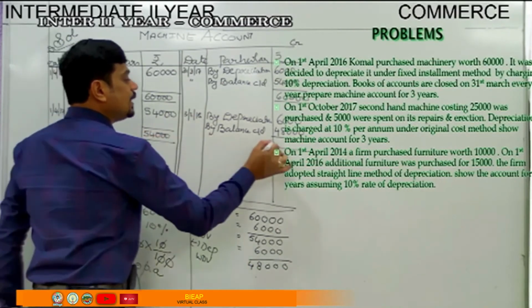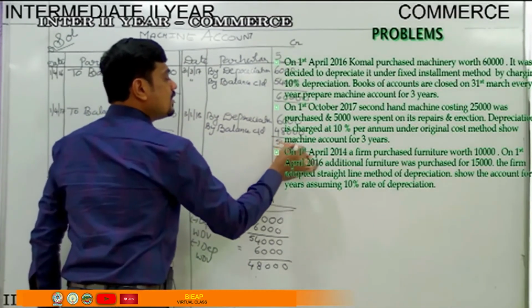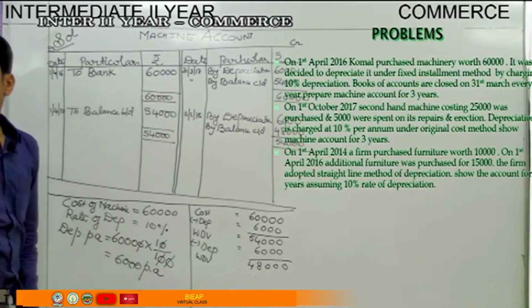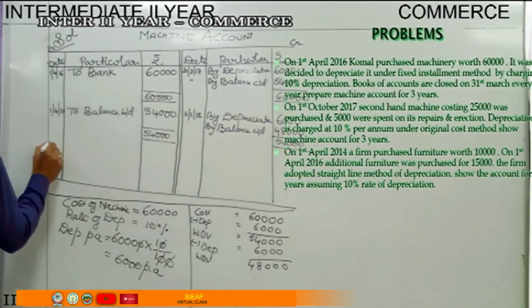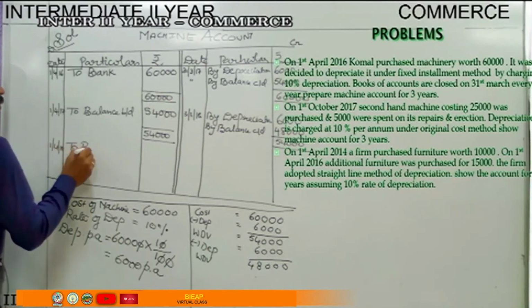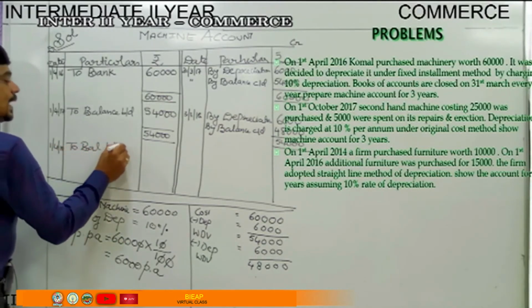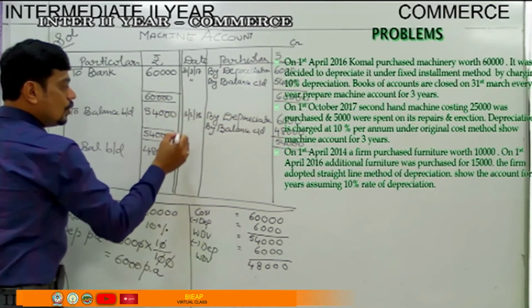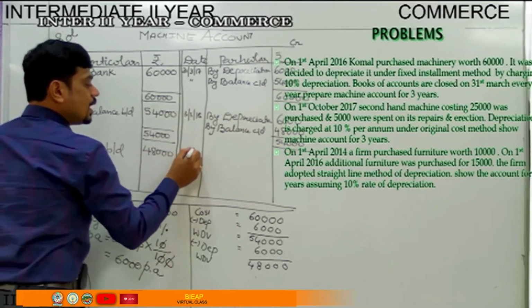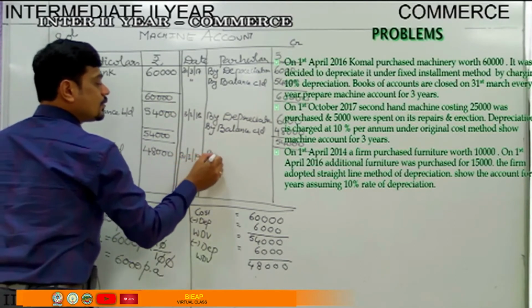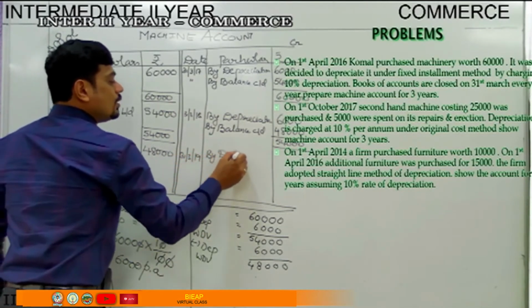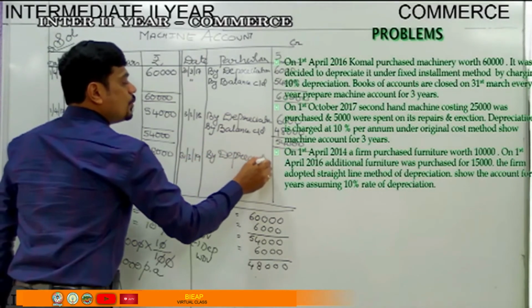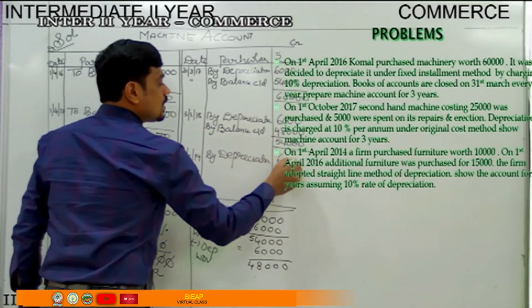How many years completed? 2 years. They asked us to prepare for how many years? 3 years. Now we are in the third year. 1st April 2018, to balance brought down. How much? 48,000. So again 31st March 2019, by depreciation. How much will I charge again? 6,000.